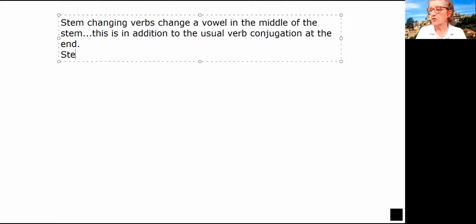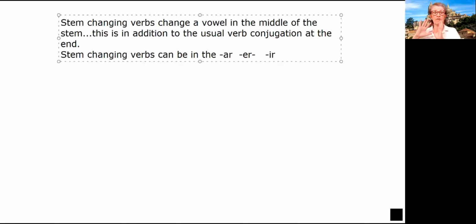Okay. Stem changing verbs can be in the AR category, the ER category, the IR category. We're going to leave the IR category kind of on its own, because that IR category is always weird. It always does multiple weird things in many tenses.